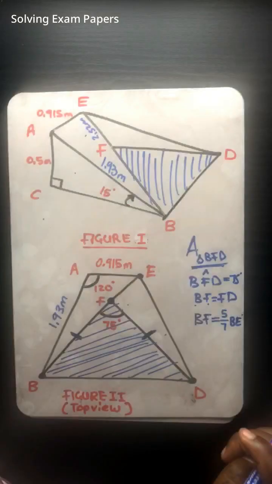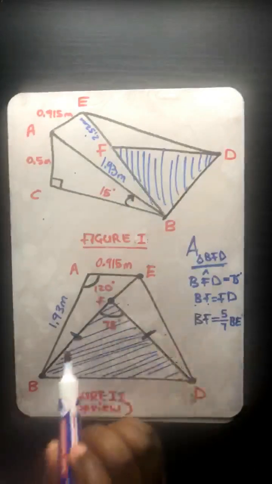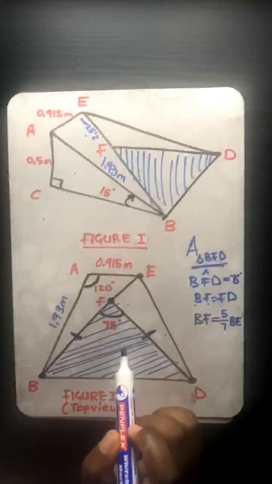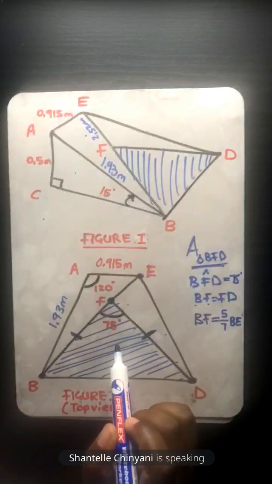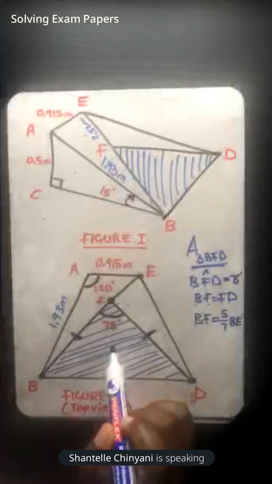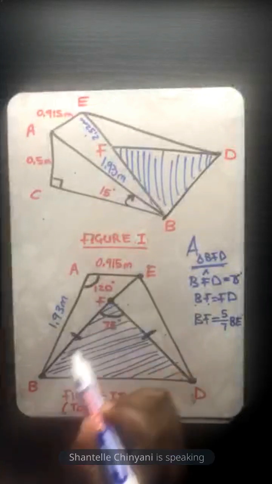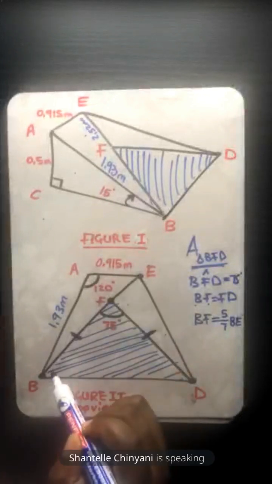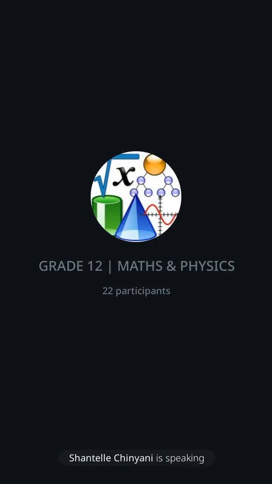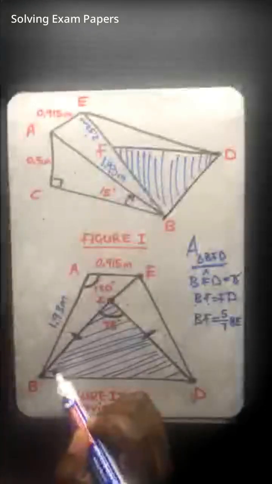Tell me what to write. Oh, so I calculated BF, because BF is equal to 5 over 7 times BE. So I got 9 over 5, which is 1.8.